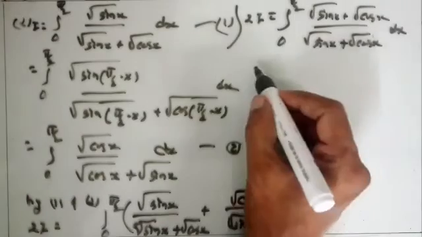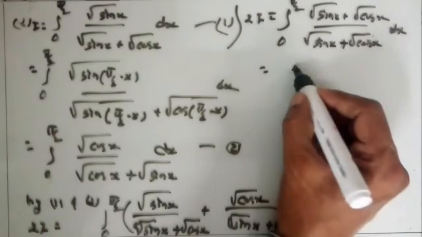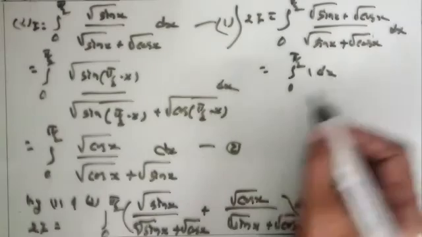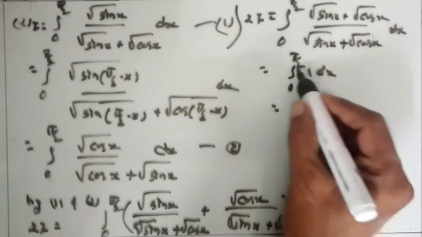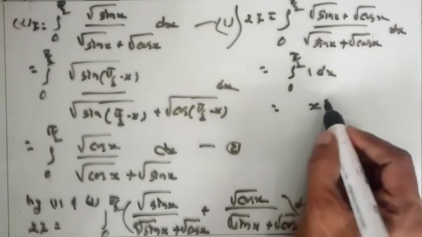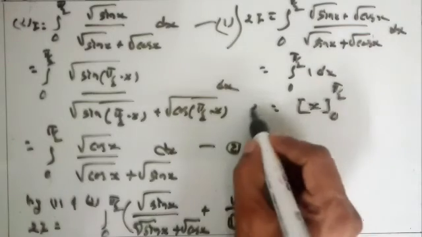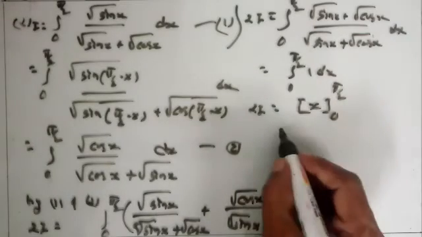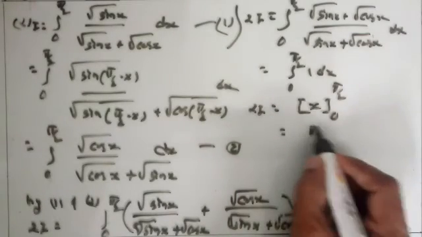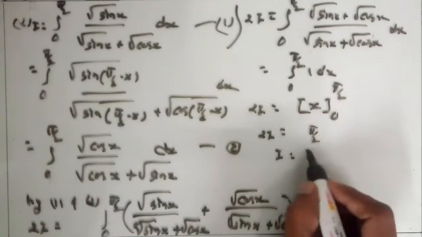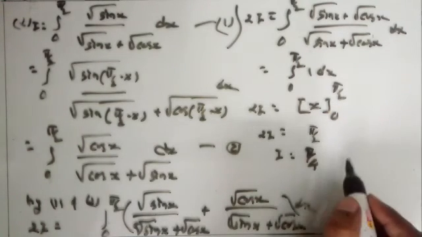Now numerator and denominator are the same and cancel, so we get 0 to pi by 2 of 1 dx. The integration of 1 is equal to x, and apply the limit 0 to pi by 2. So 2I becomes pi by 2. Clear? So I is equal to pi by 4. Answer.